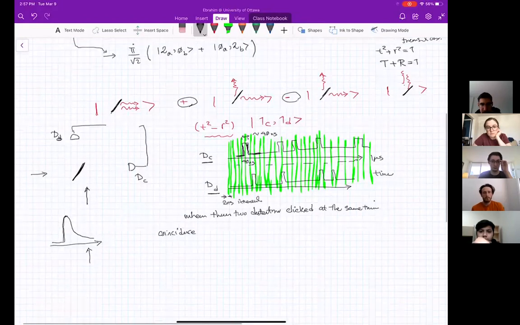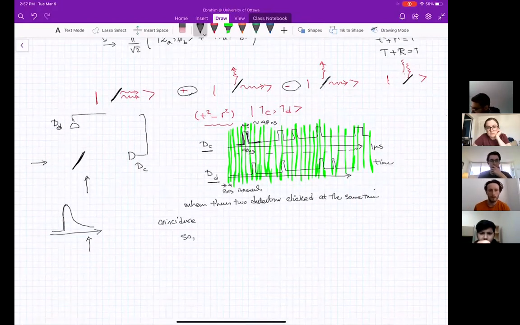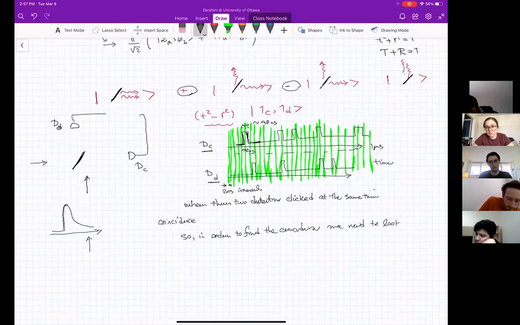So, in order to find the coincidences, we need to look into certain intervals.